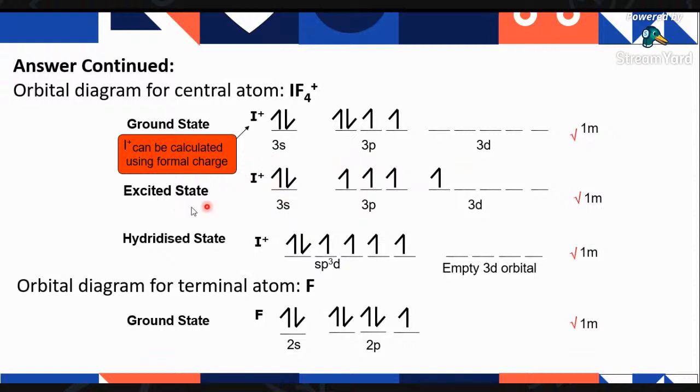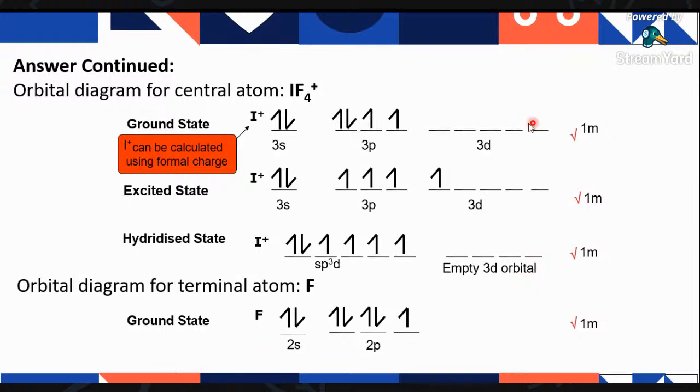And as for the excited state, show the electrons correctly. Make sure you're using half-headed arrows, not just a single line or double-headed arrows. That is very important. And as for the hybridized state, this kind of labeling is very important. Okay, sp3d. The empty orbitals, you can leave at the side and label them as empty 3d orbitals.